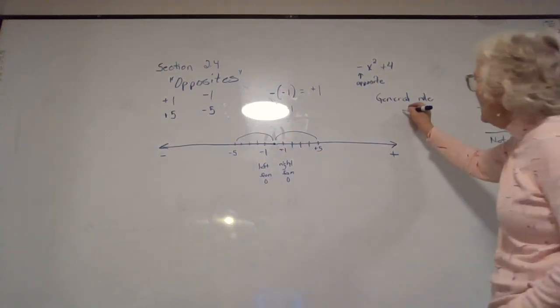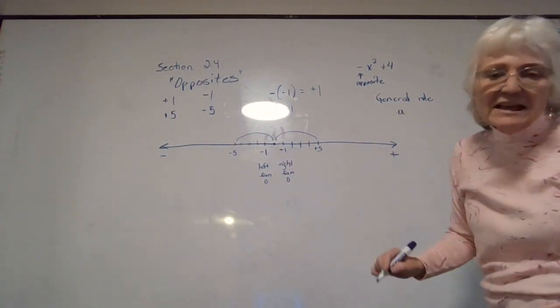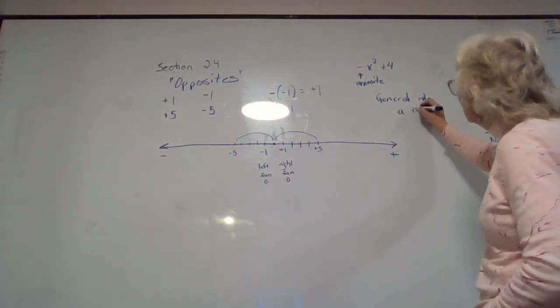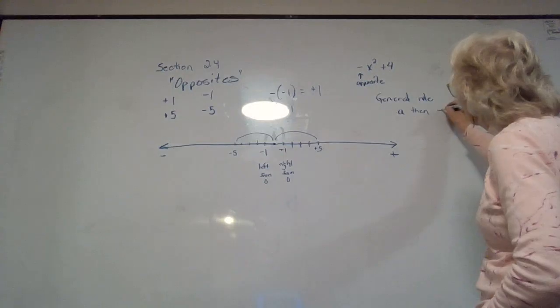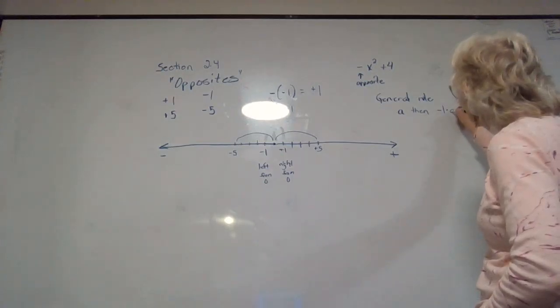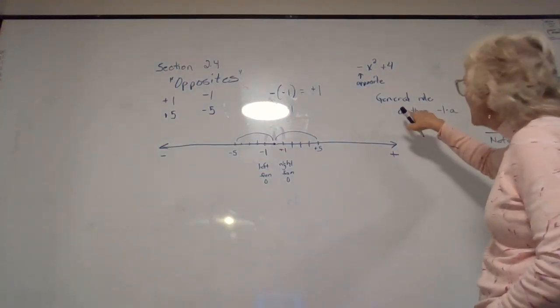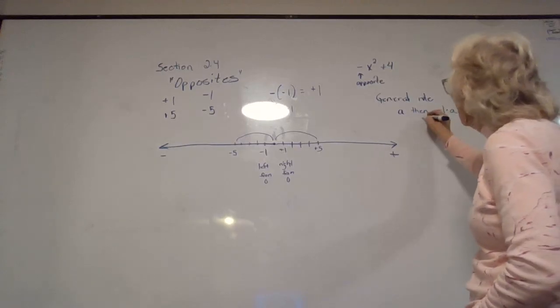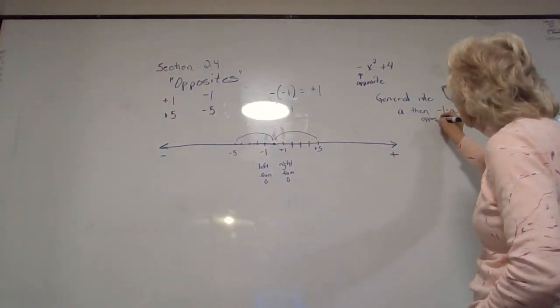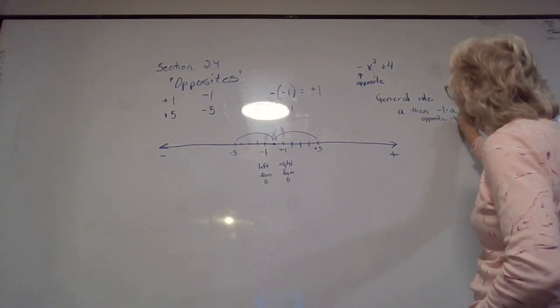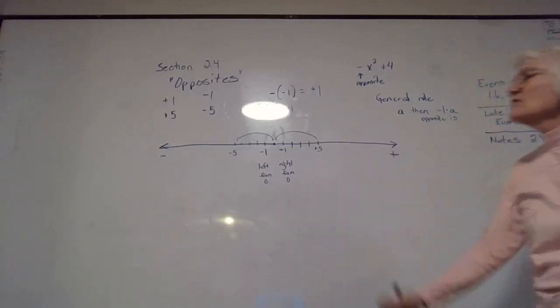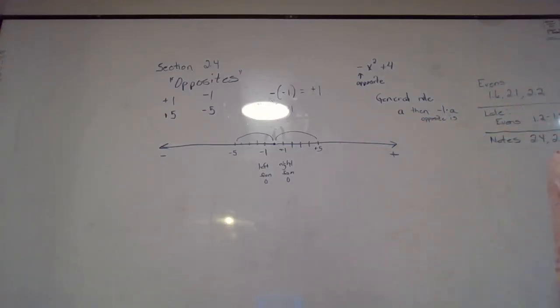If we have A, then its opposite is negative 1 times A. Notice that. Why not negative A?